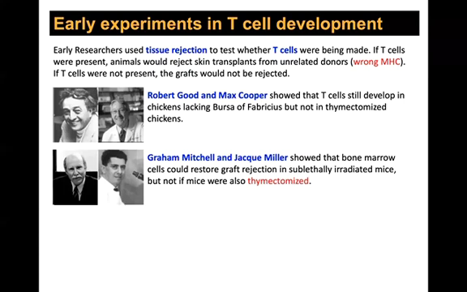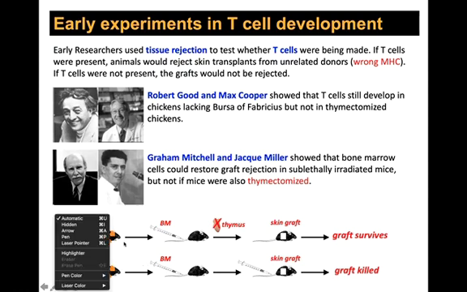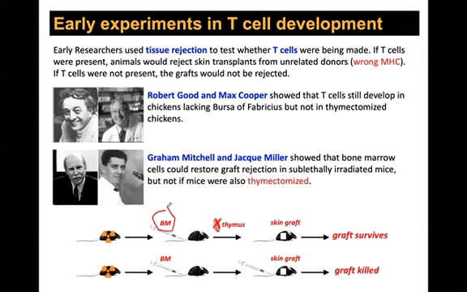But if you took out the thymus when you restored the bone marrow, then you didn't get T cells. So there's sort of an extra step here, right? They would irradiate mice and put bone marrow back into the mice. That would restore their hematopoiesis and certainly their B cells.